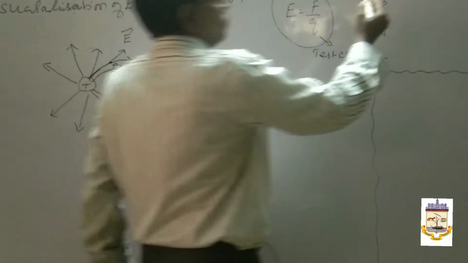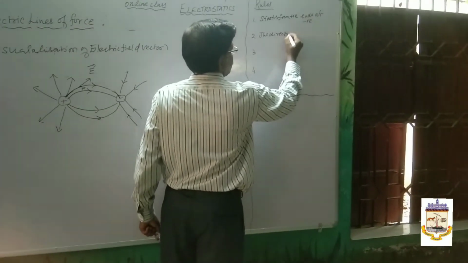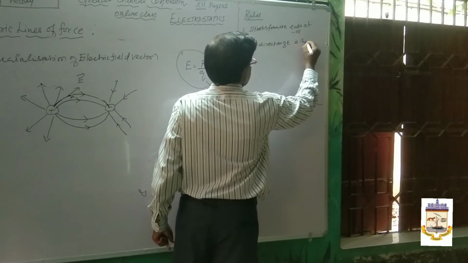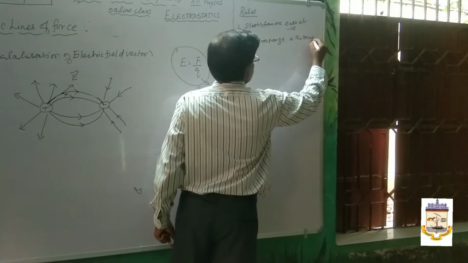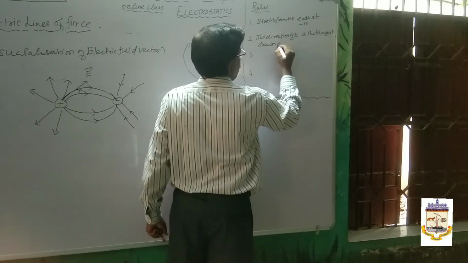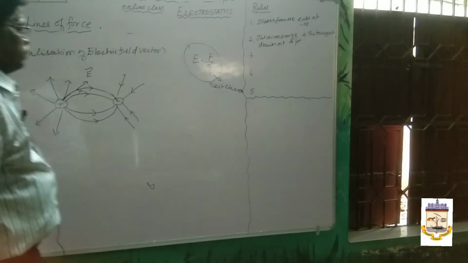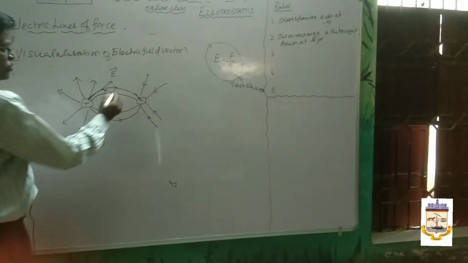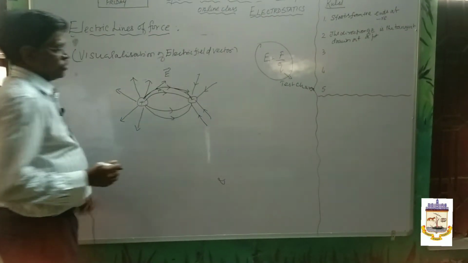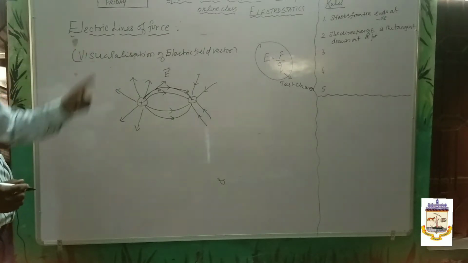So this is rule number 2. The direction of E is the tangent drawn at a point. If you take any point, suppose you take here, the direction will be like this. So to know the direction, you have to draw the tangent. This is point number 2.